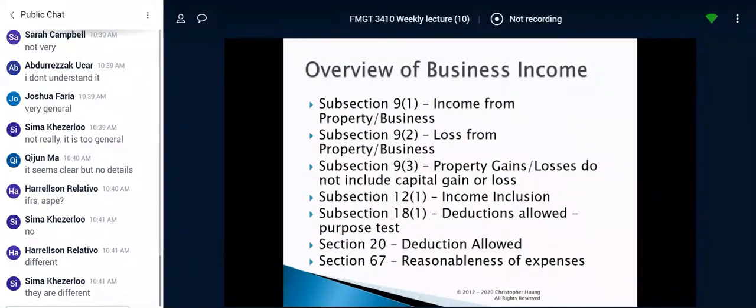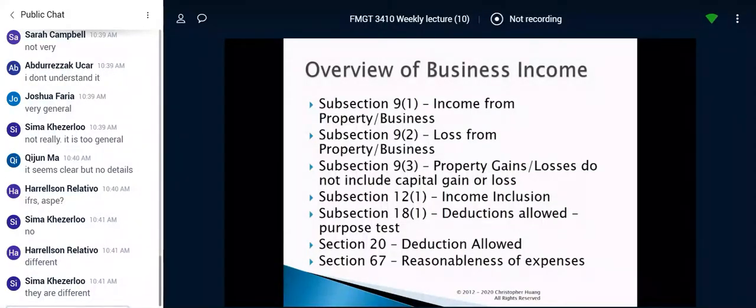So why is it that subdivision B has so many more rules than subdivision A? Because there's so much flexibility in how you calculate income, the government has to put a lot of rules in place around all the various expenses and whatnot and income that you can recognize.